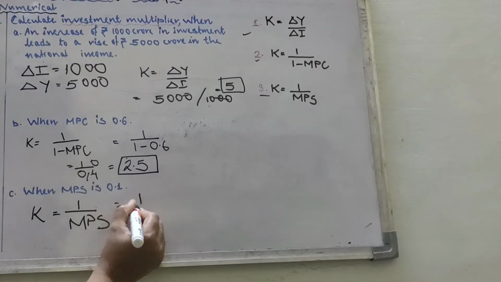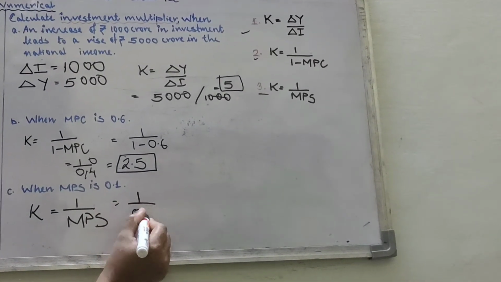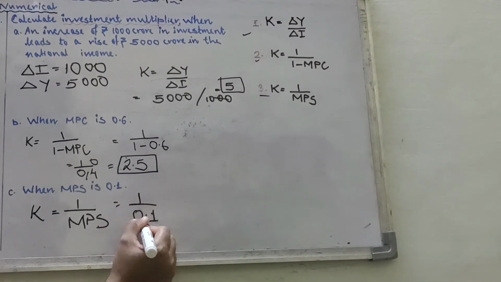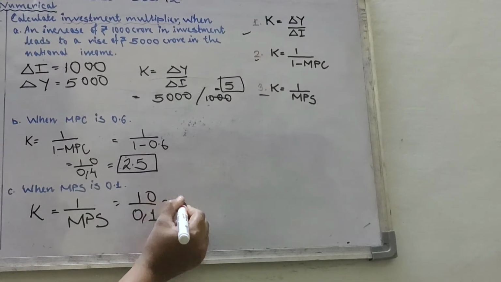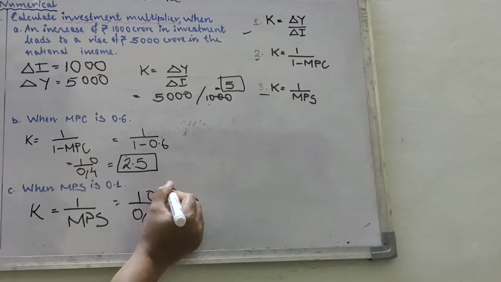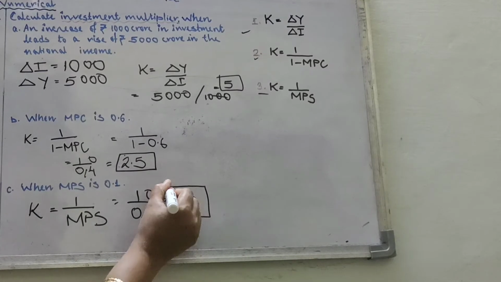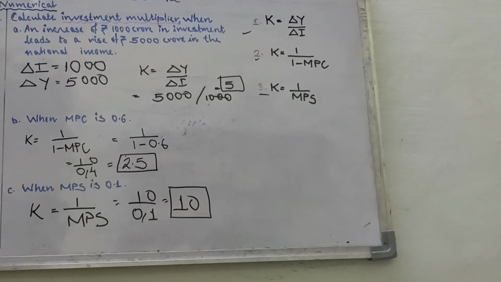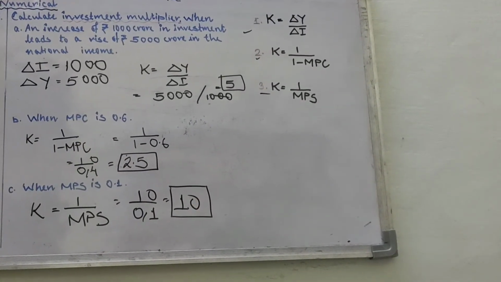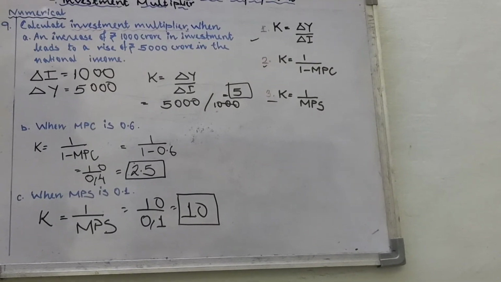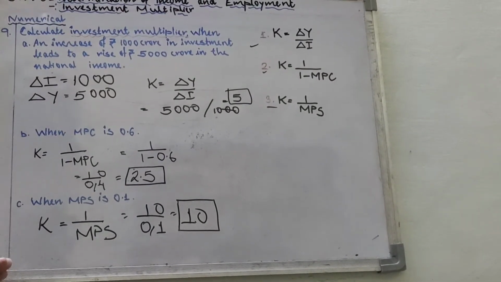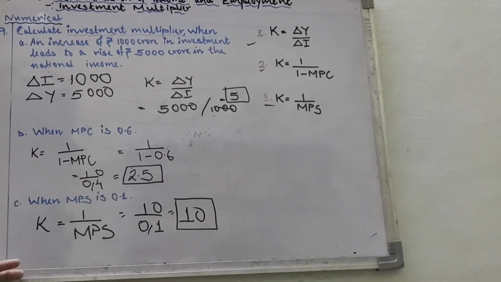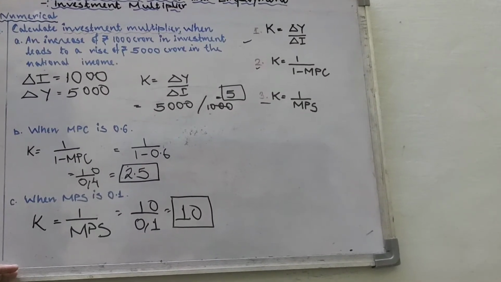So 1/MPS is 0.1. Therefore, K is 10. In this way, very simple, these are some of the simple exercises. We can find the value of the multiplier, and these are very important in your 1 mark questions or MCQs.